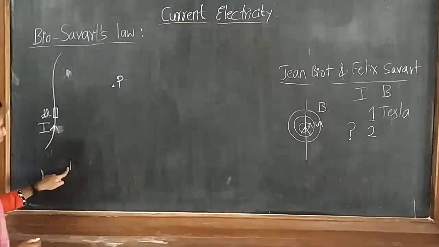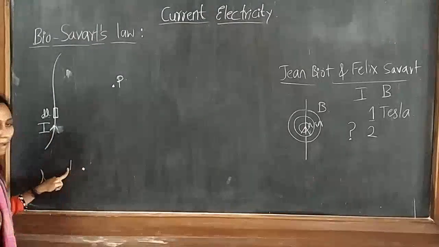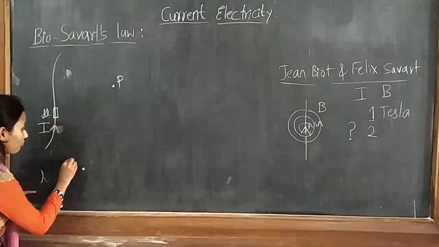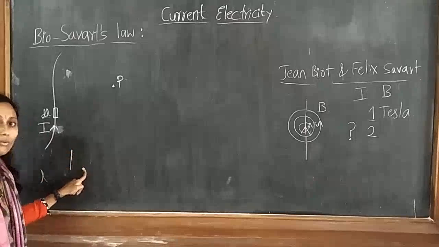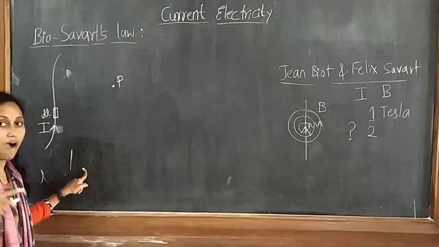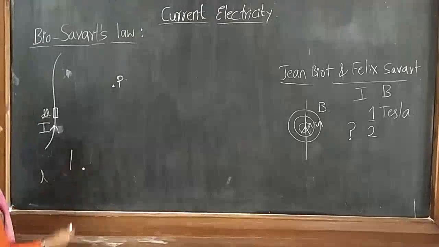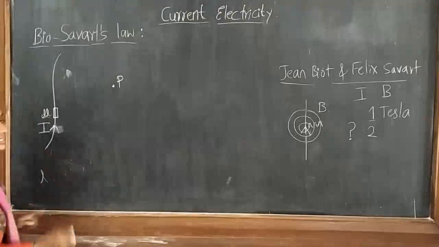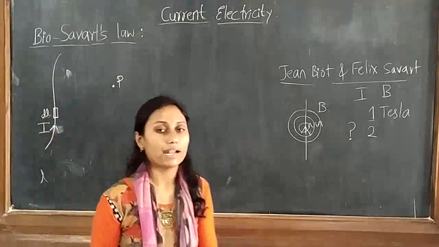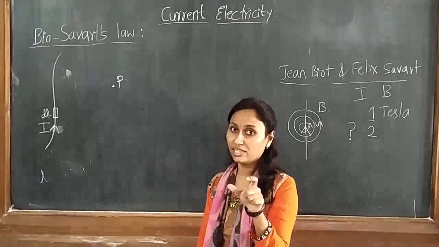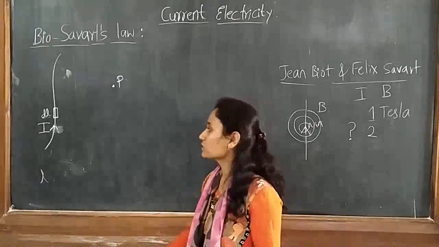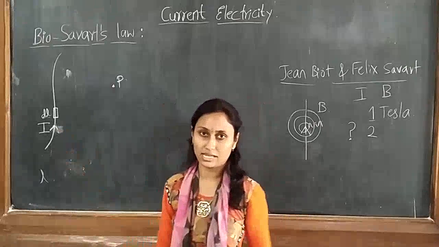Suppose this length produces some certain magnetic field here. Now, if I double the length, then the magnetic field created here will be double or not? Of course it will be double. That's why from this, the second thing we concluded is that it depends upon the length of the element. That is the second point.